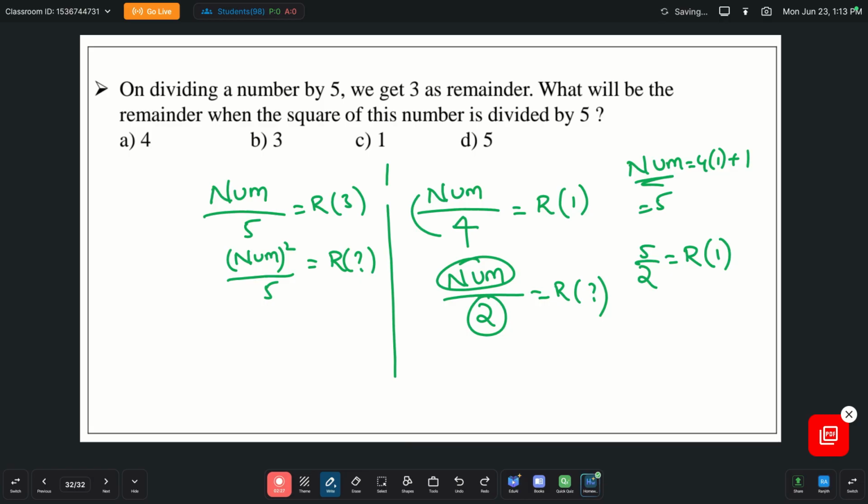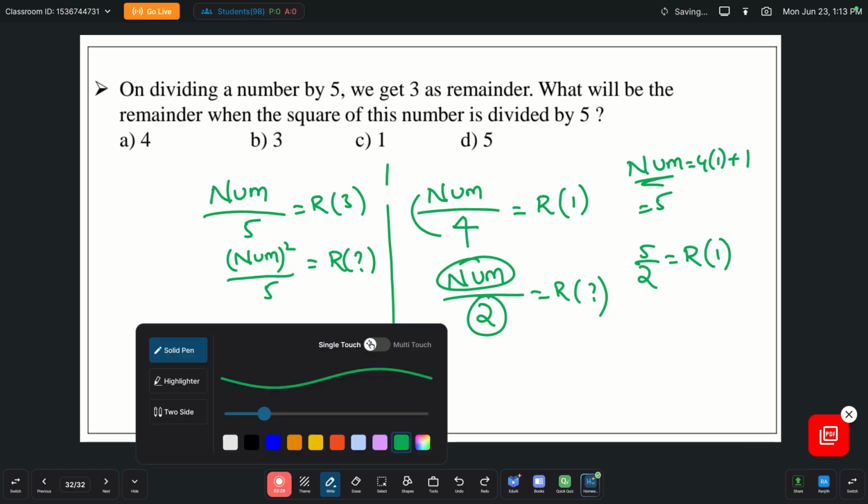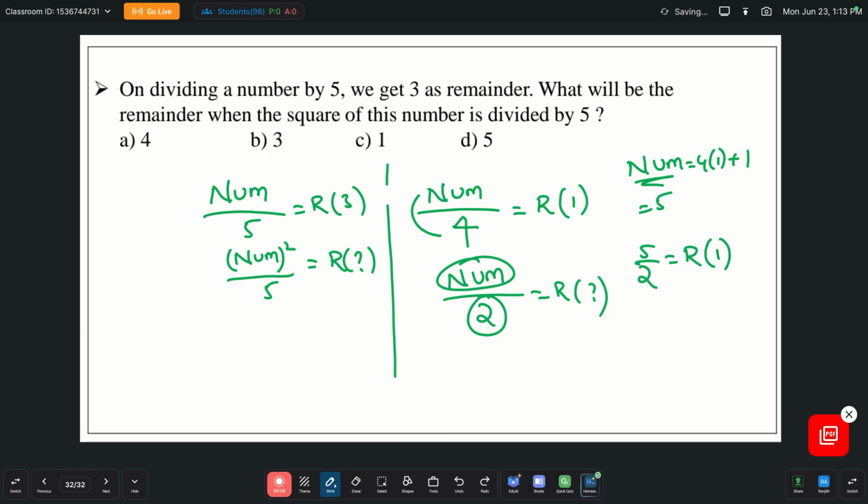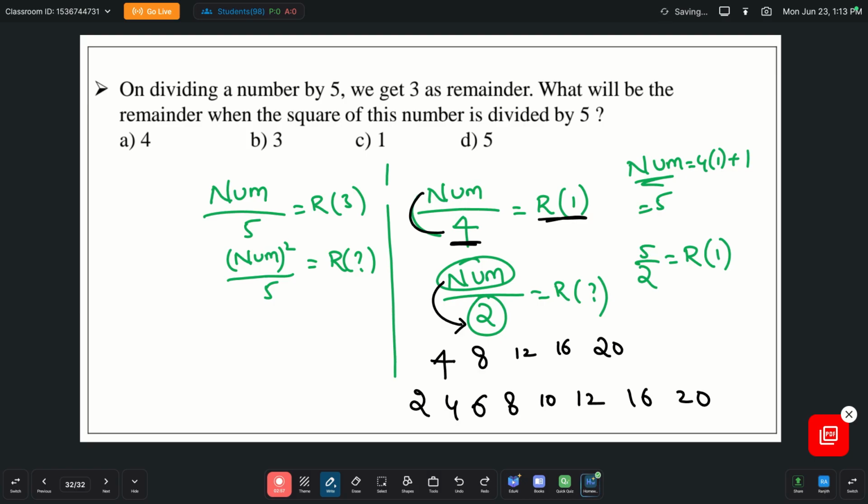But don't go with this method. Why? Because just look here. Whatever number we are dividing by 4, what are the multiples of 4? 4 multiples will be 4, 8, 12, 16, 20. And the same number divided by 2. What are the multiples of 2? 2, 4, 6, 8, 10, 12, 16, 20.